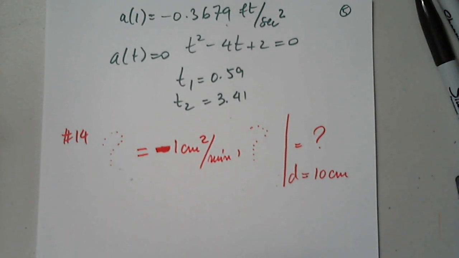Good. So if a snowball melts so that its surface area decreases at a rate of 1 centimeter squared per minute, what does this represent? So when it says decreases, I have to put minus. If it says increases, I leave it positive.